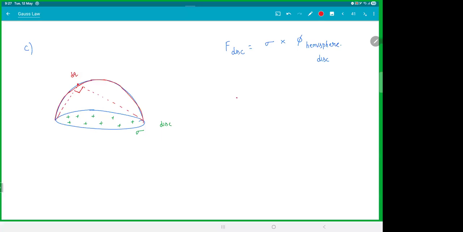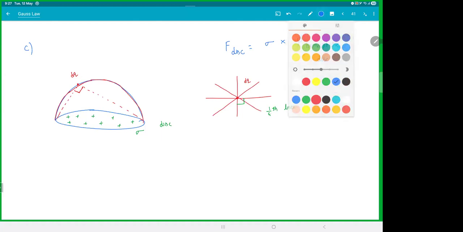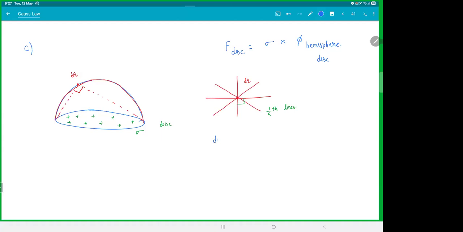Now if you take a dq charge, the field lines are actually going in all directions. Here you are saying I will take 90 degrees, so this will be 1/4 of the lines. So due to dq charge, 1/4 of the lines will always pass through the disk.